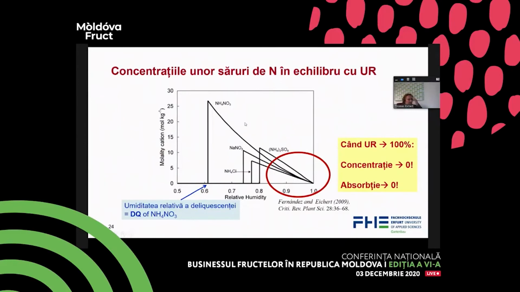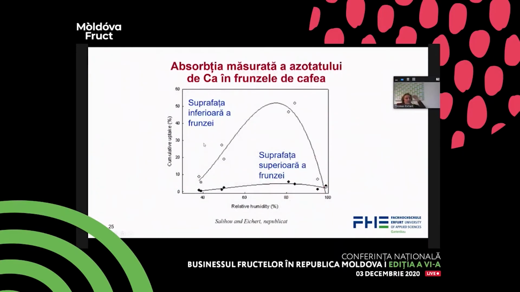So intuitively, we would say, oh, the higher the humidity, the better, but this is not true. And we were able to show this in a quick experiment with coffee leaves. In this case, we applied calcium nitrate to the upper or the lower leaf side.